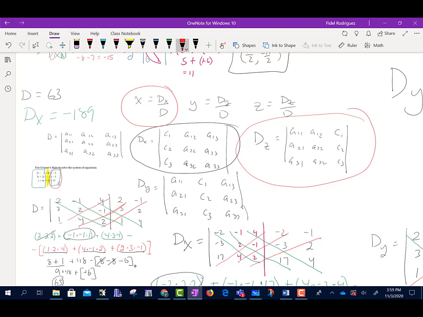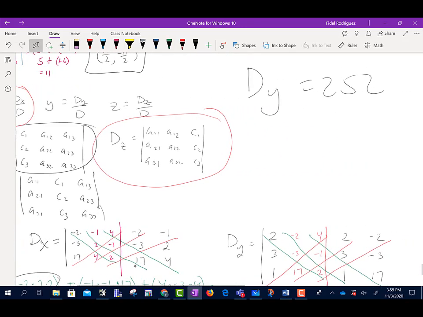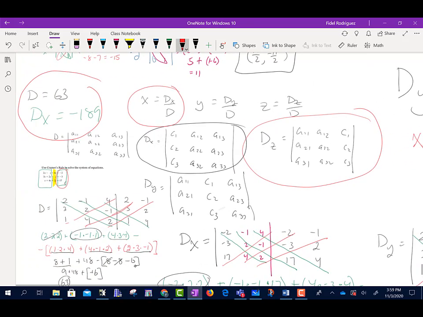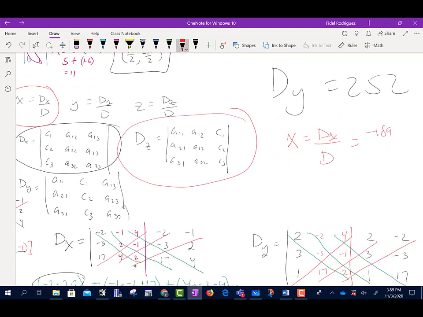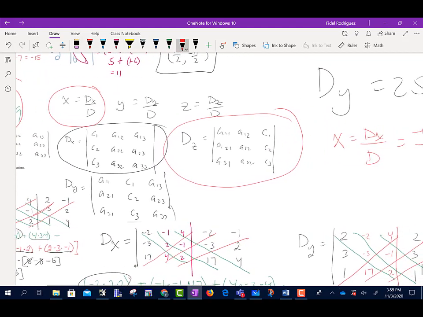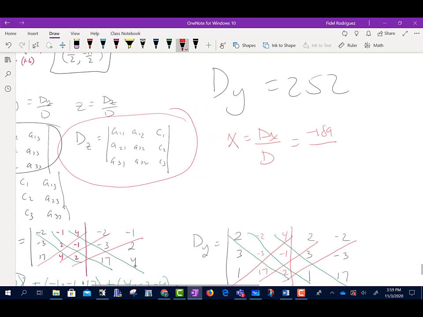We're going to take dx and we're going to divide it by d. Here's my value for dx, and there's my value of d. Okay, so x is going to be equal to dx over d. And for dx, we came up with a negative 189. For d, we came up with the number 63. When you divide those out, negative 3.